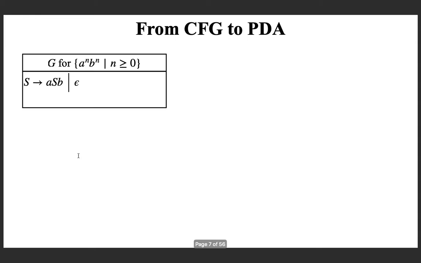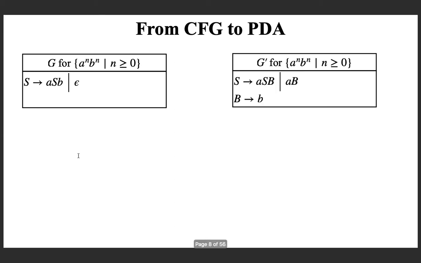So, claim 1 tells us that for every context-free grammar, there exists an equivalent push-down automaton. And as usual, we are going to understand the algorithm for constructing a push-down automaton from a context-free grammar. We are going to consider an illustrative example.